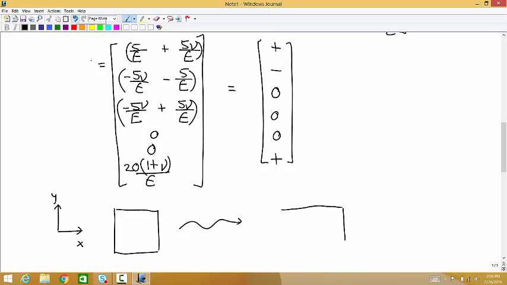So it's going to look something like this, first of all. Right, longer in x, shorter in y. And then this says that the angle between the positive x and positive y faces is going to get more acute. And so you'll get something like this. That's what the last positive means? Yes.